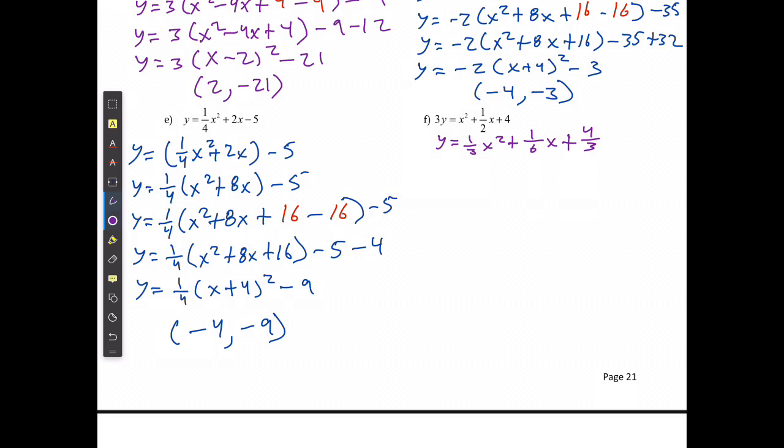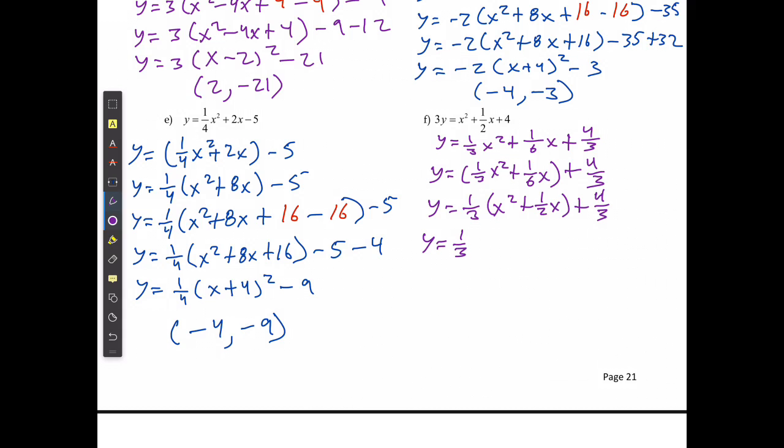More complex fractions, same process. Y is equal to bracket 1 over 3 x squared plus 1 over 6x plus 4 over 3. Or y is equal to 1 over 3 x squared plus 1 over 2x plus 4 over 3.